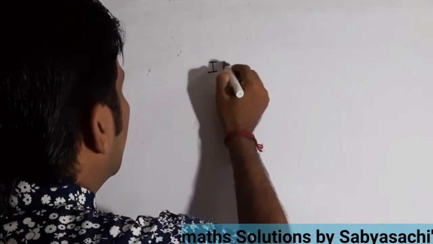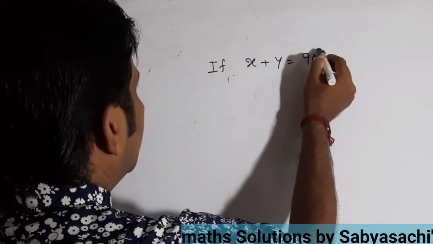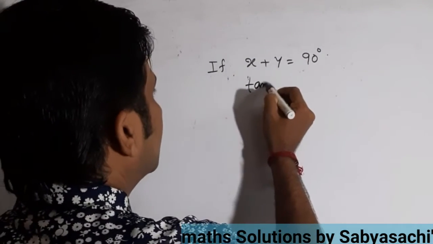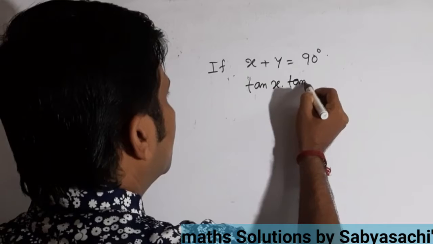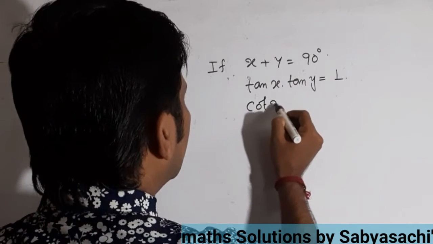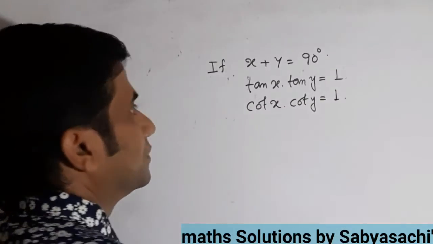If x plus y is equal to 90 degree, then tan x into tan y is equal to 1 and cot x into cot y is equal to 1.